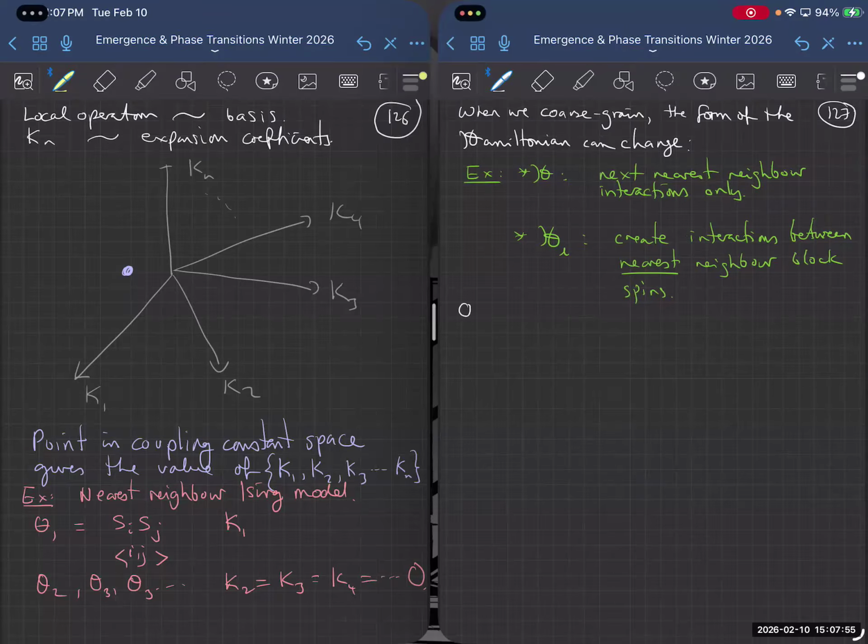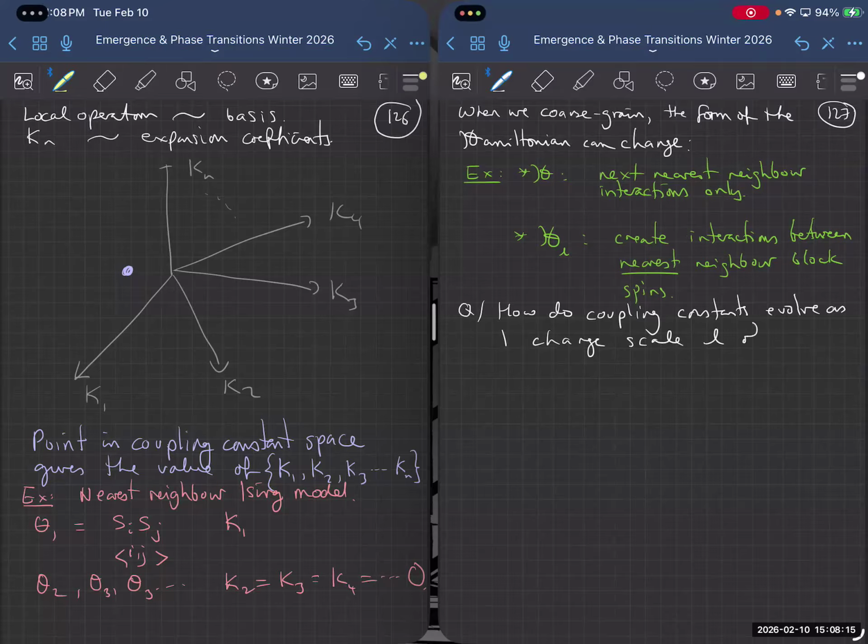So now the questions are, how do the coupling constants evolve as I change the scale L of coarse graining?